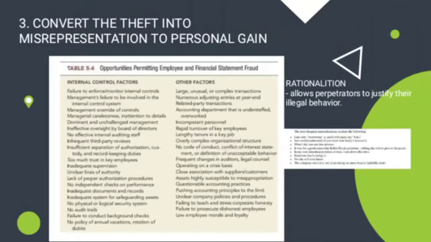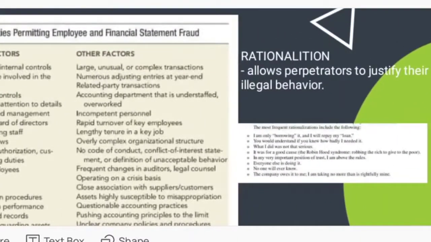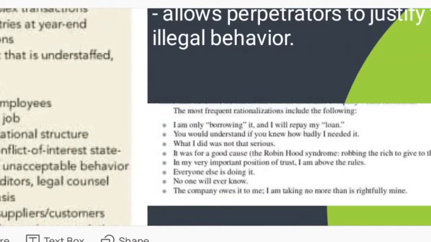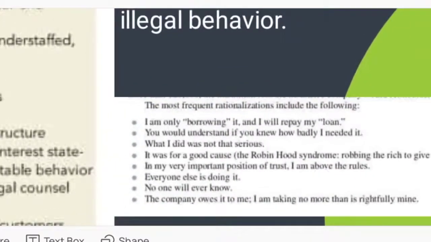And so, rationalization allows perpetrators to justify their illegal behavior. It is the excuses that fraud perpetrators use to justify their illegal behavior. The most frequent rationalizations include the following: I am only borrowing it and I will repay my loan.